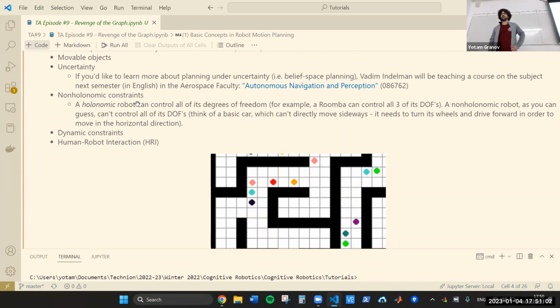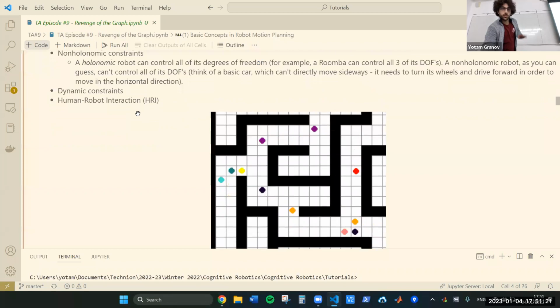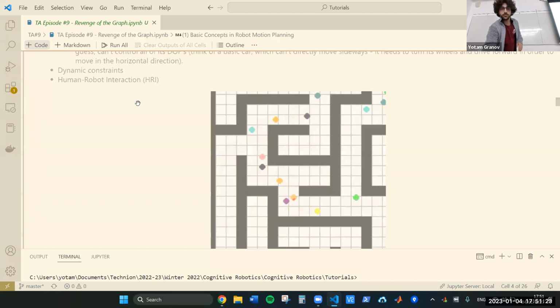A car, for example, is non-holonomic, because a car can only drive forward. It can turn its tires, but it can't move directly to the left. So if I want to plan a path for a car, I can't just plan that it's driving and all of a sudden I parallel park immediately with a sharp turn. I'd have to plan it in. That's a non-holonomic constraint, whereas a Roomba might just go straight, turn, go in. So we'll stick with the easier case.